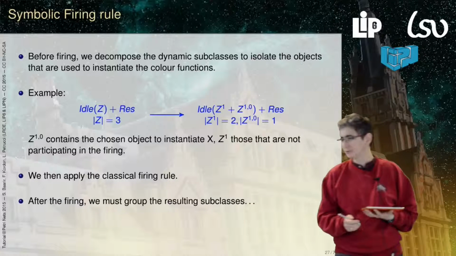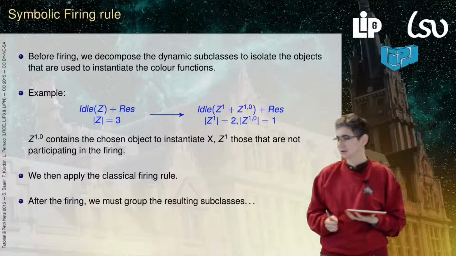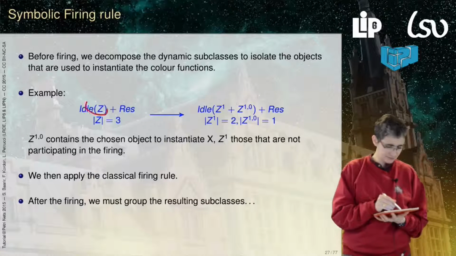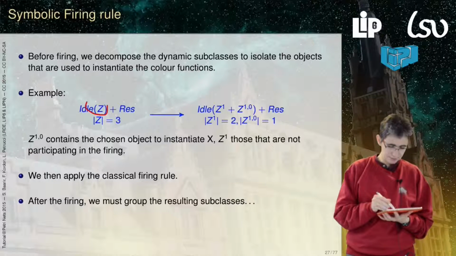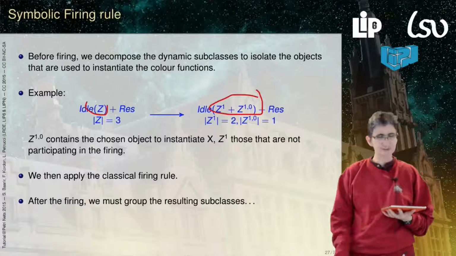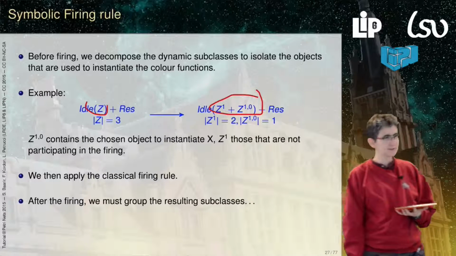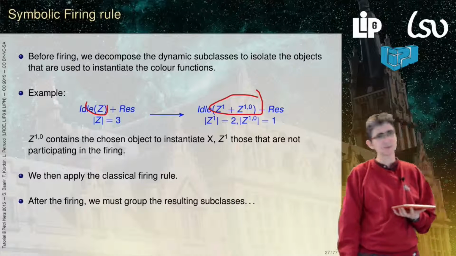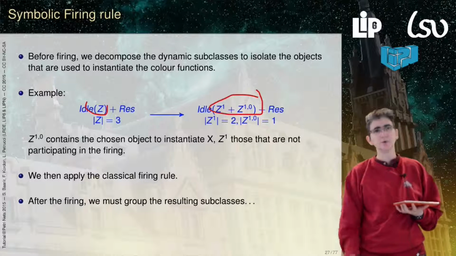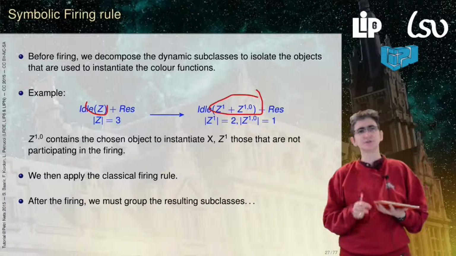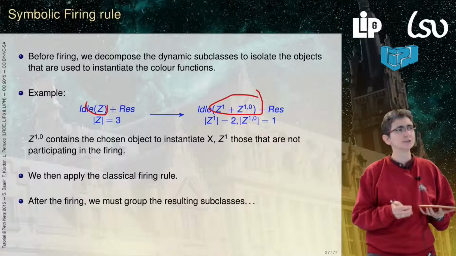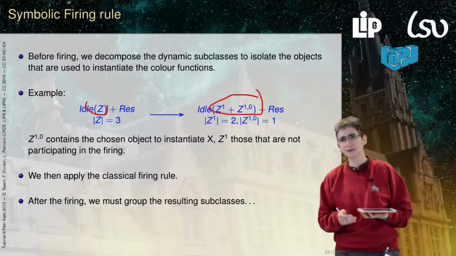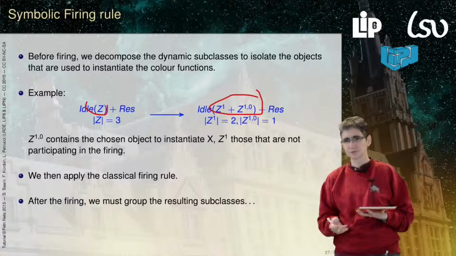We will decompose it into two. So this Z will be decomposed into two elements, Z1 and Z10. Z1 will be of size 2 and Z10 of size 1. This decomposition will separate the values that will be used for the firing from those that are not used for the firing.